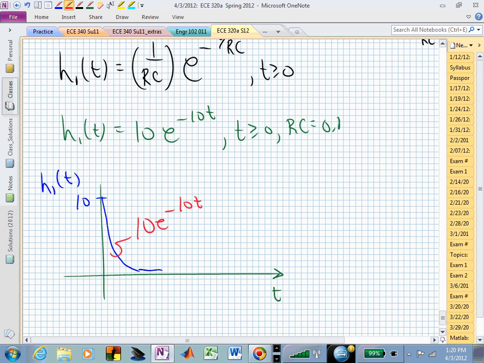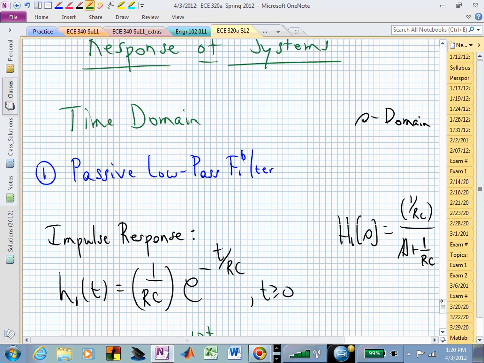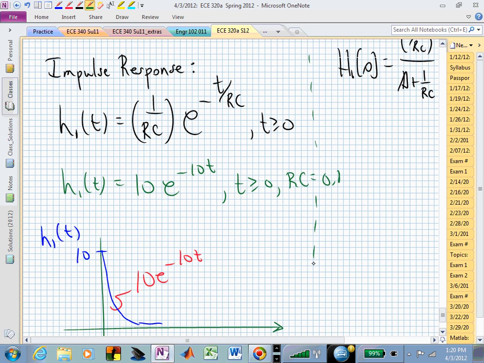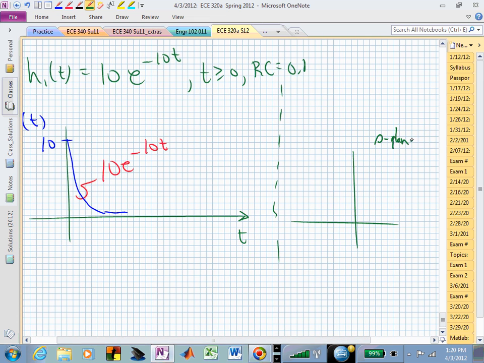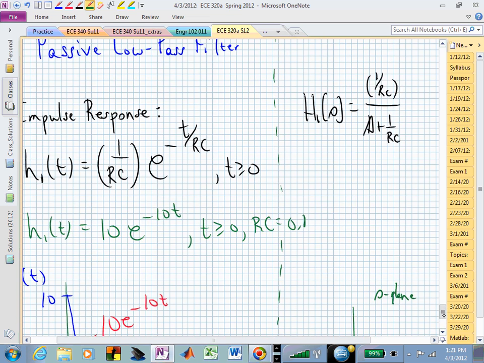What does that look like then in terms of the pole zero diagram if we now slide up and realize that this right side of my hypothetical page is now the S-plane or S-domain. What do we know about this transfer function h sub 1 of s in the S-plane?